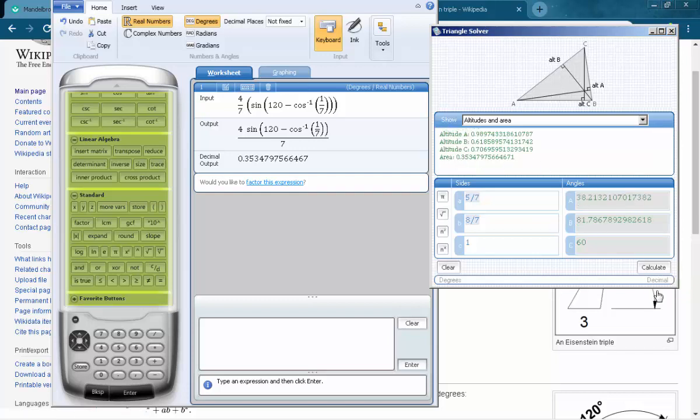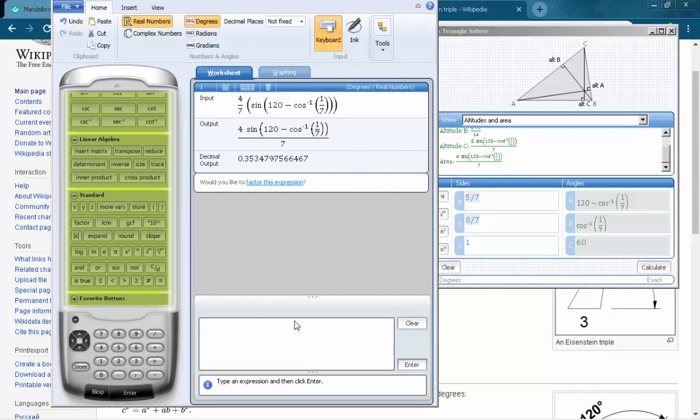Alright, that's right. Okay. So let's do an example of this real quick. So 4 divided by 7, all that times sine of 120. So we're doing a sine of alpha minus beta. That's sine alpha times cos of beta minus cos alpha times the sine of beta.